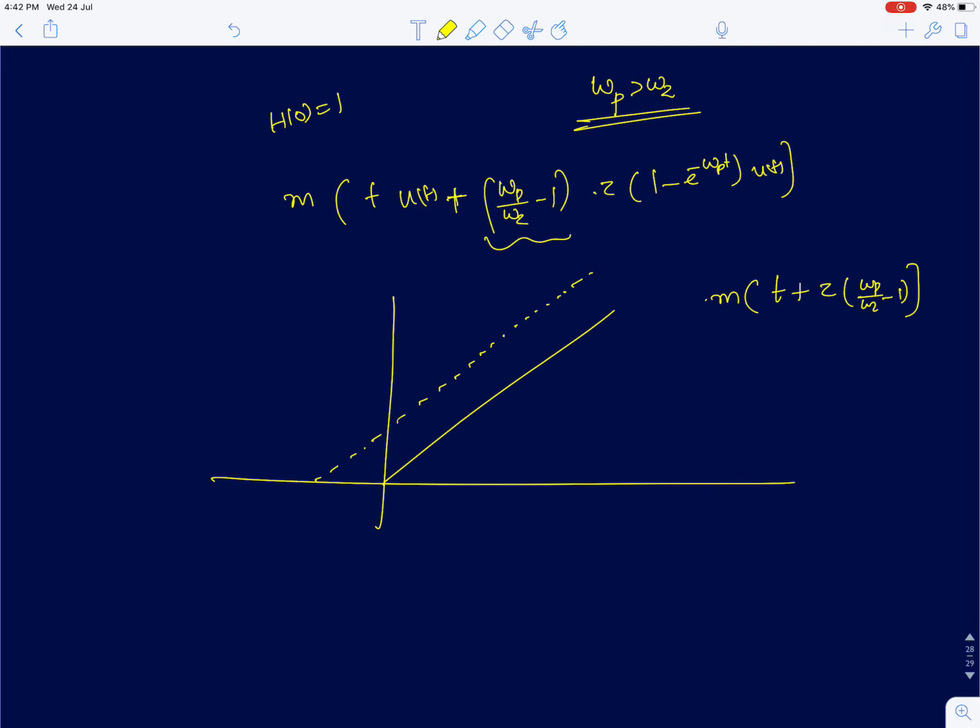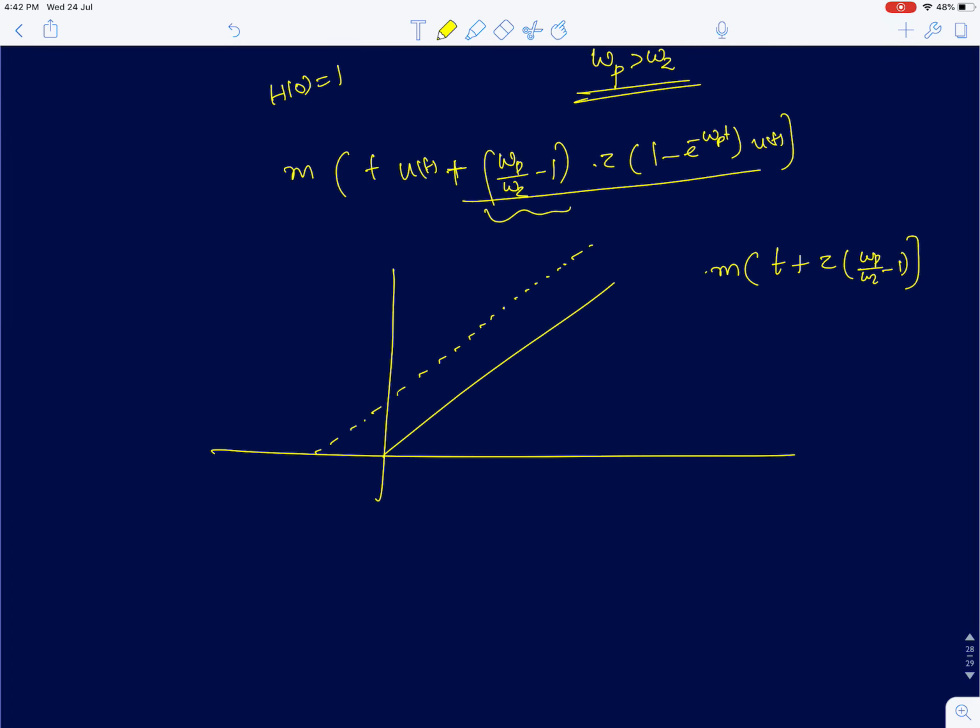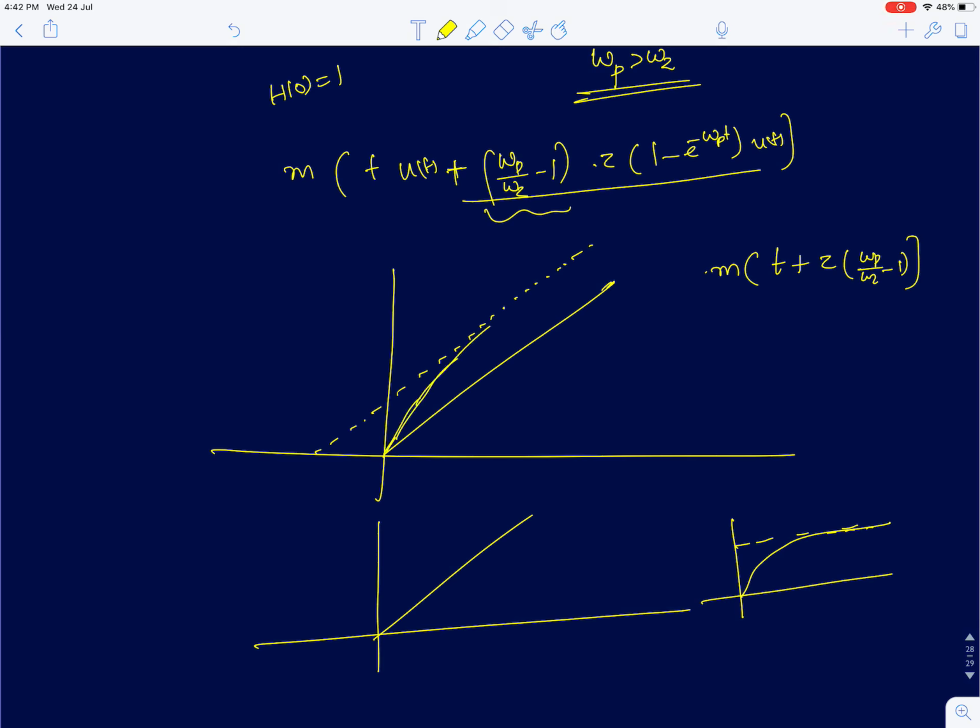If you look at this mathematically, I'm taking a linear ramp and I'm adding some function which is increasing, asymptotically reaching a steady state value. So your system output would actually reach something like this.